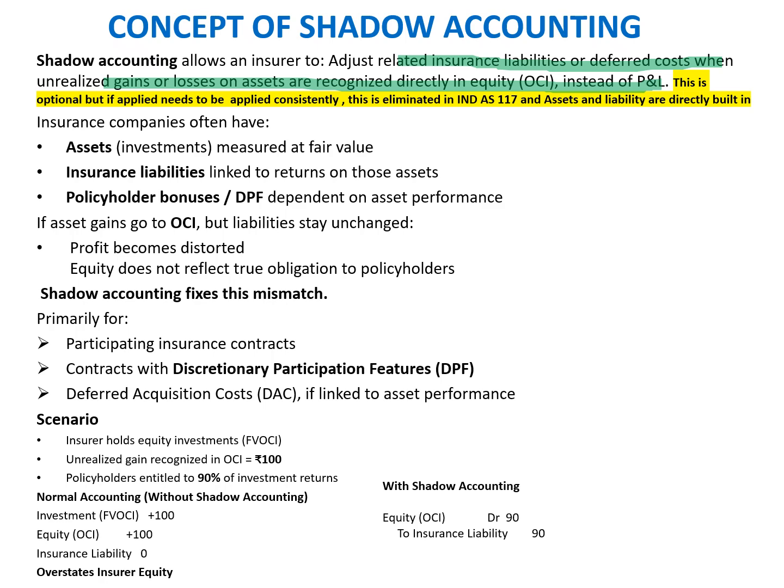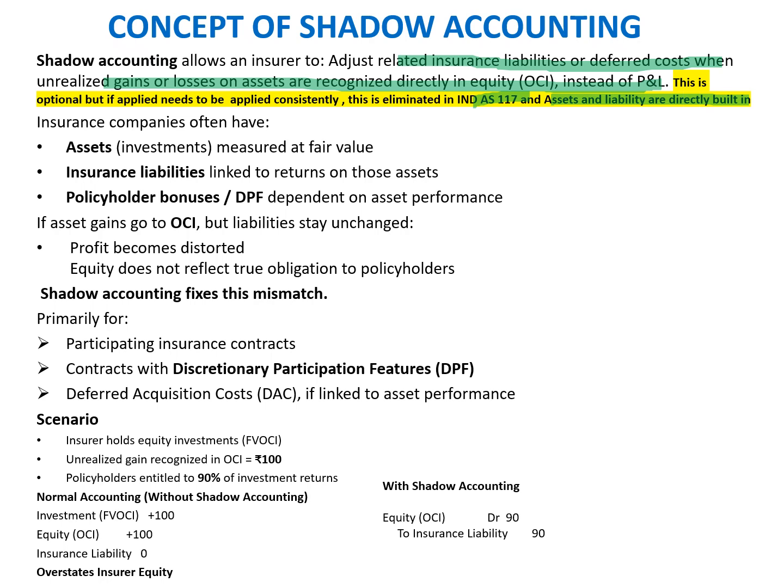This is optional, but if applied, it needs to be applied consistently. This is eliminated in Ind AS 117 because in that, assets and liabilities are directly built in. But till the time it is Ind AS 104, we have to understand the concept of shadow accounting.